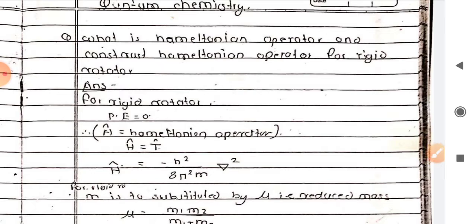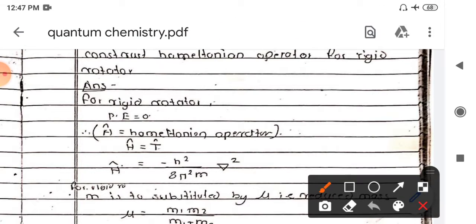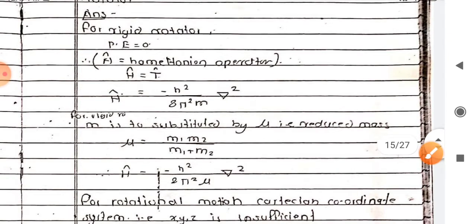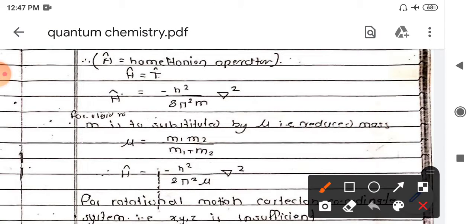It is also known to us that for a rigid system, the actual mass is not that of the present atoms or species. In order to consider these rotating bodies, we use the reduced mass, with the formula m1 m2 upon m1 plus m2.